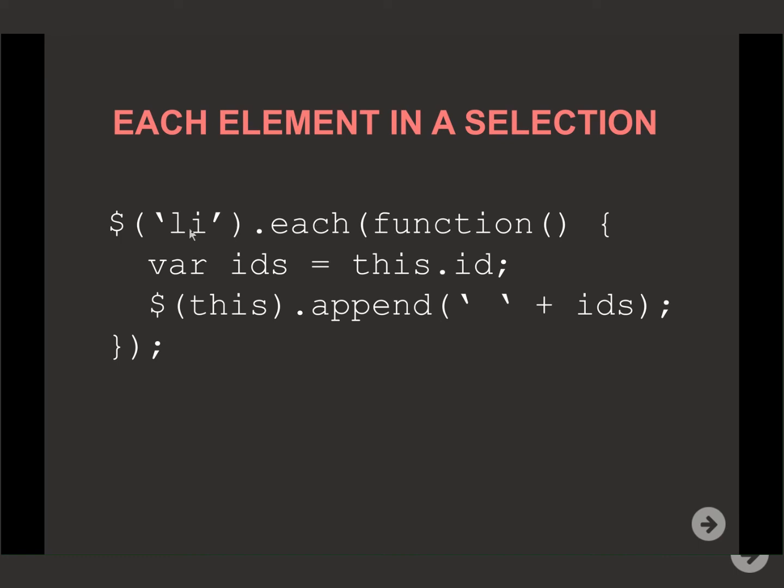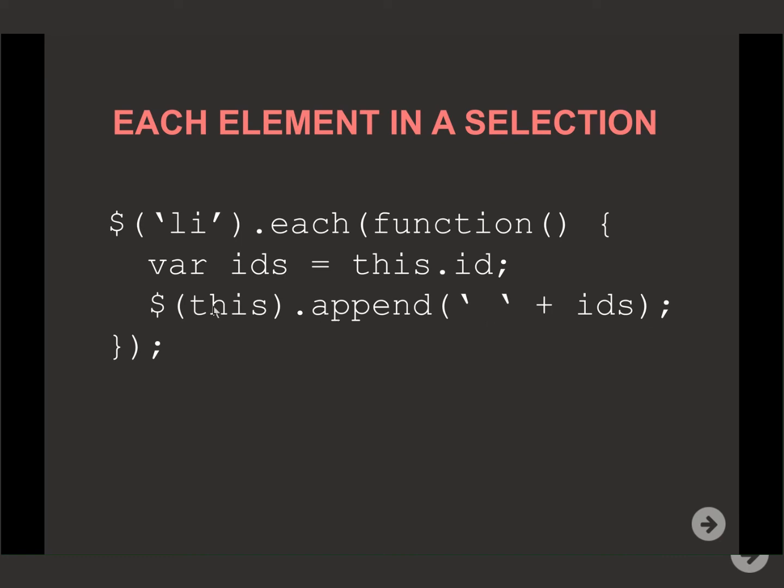For example, like this one, $listItem, and each one has a function which will be doing like this one, ID is this.id. So find the ID of the current list item, and then append. So of course you add an empty space.